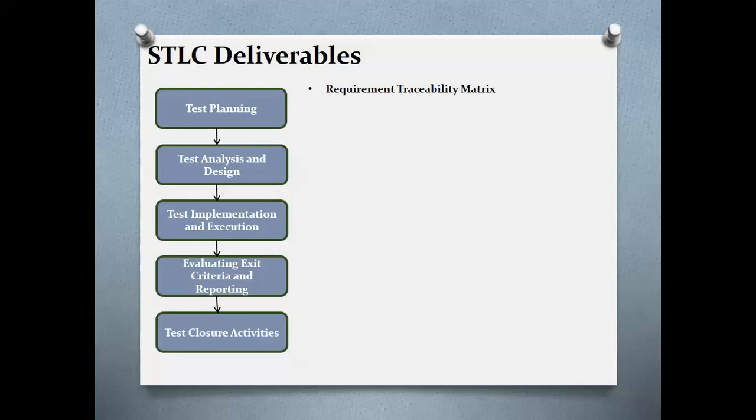Traceability matrix links a business requirement to its corresponding functional requirement. It is also helpful to ensure that all requirements are tested. Automation feasibility for the given testing project is also done in this stage.